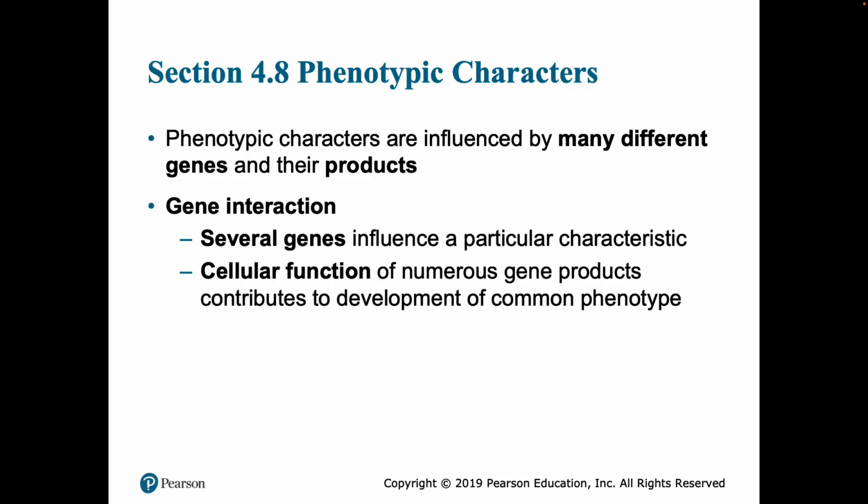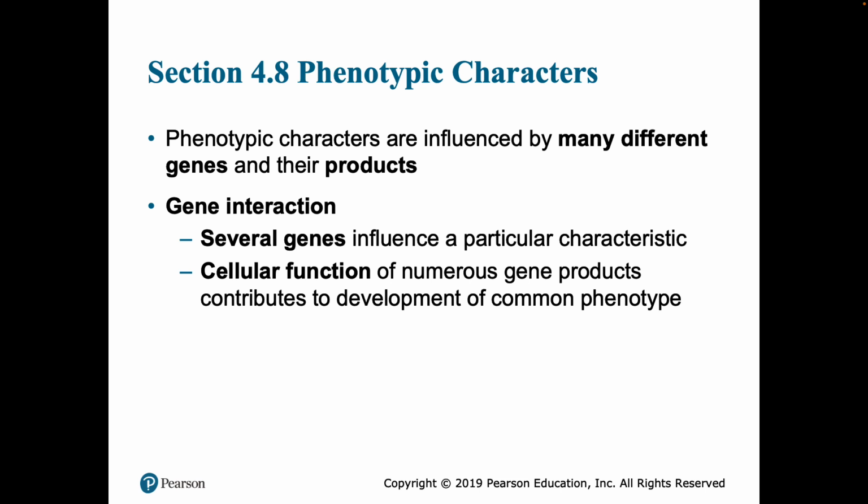And so you have to consider these gene interactions when you're talking about developing a phenotype. So in a gene interaction, you have several genes that are influencing a characteristic, the phenotype. And the reason for this is that with each of these genes making a different product, all of those products are important for making the phenotype.